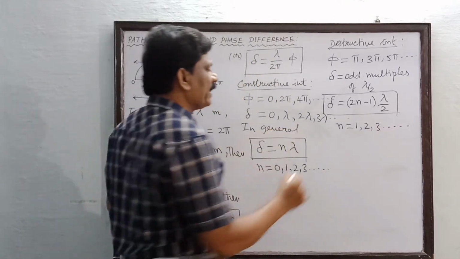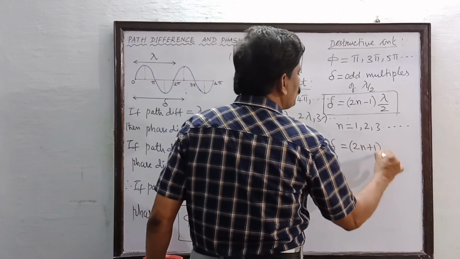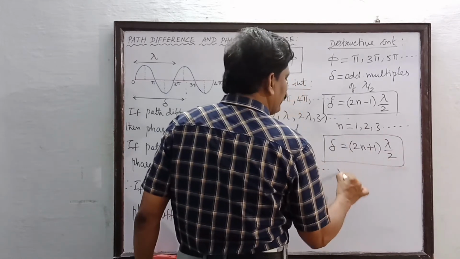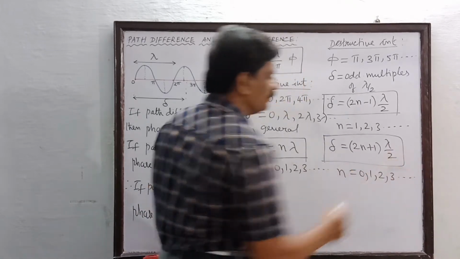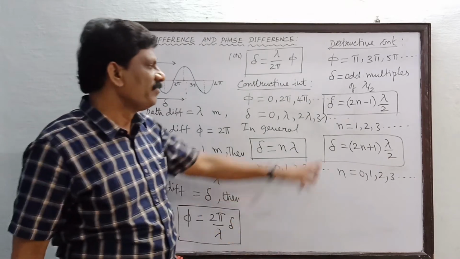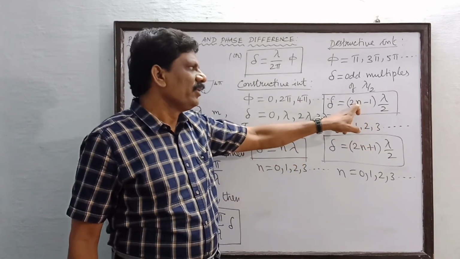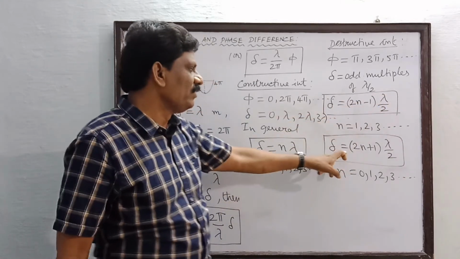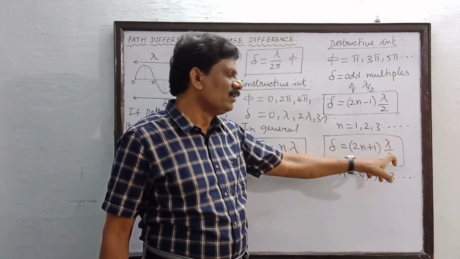The same condition can also be written as delta is equal to 2n plus 1 into lambda by 2, provided the n value starts from 0, 1, 2, 3, etc. Okay students, if n starts from 1, then you write 2n minus 1 into lambda by 2. Suppose n starts from 0, then the condition is 2n plus 1 into lambda by 2.